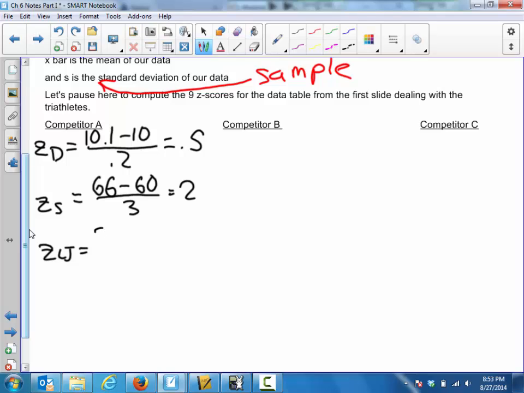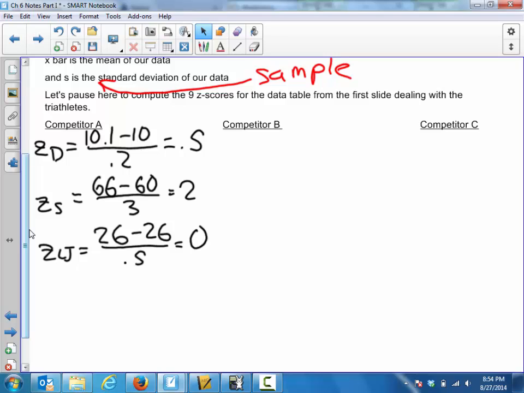Now we are going to look at the last piece here, the long jump distance for competitor A. She, or he, I think Tanya, Lexi, I can't remember, so she probably, 26, that's her long jump distance, minus the 26 feet that is the mean, divided by 0.5 for the sample standard deviation. It was a 6-inch standard deviation. Convert that to feet so the units are the same. There's your 0.5. That's equal to 0.